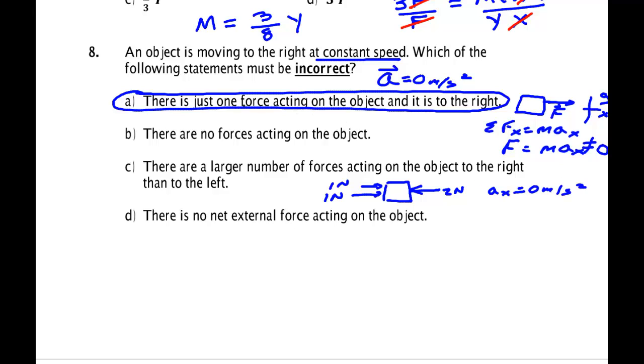Remember, it says which of the following statements must be incorrect. It didn't say sometimes could be incorrect. If there was no net external force, the sum of the external forces is ma. If that was 0, a would be 0. So the only one that is definitely incorrect is A.